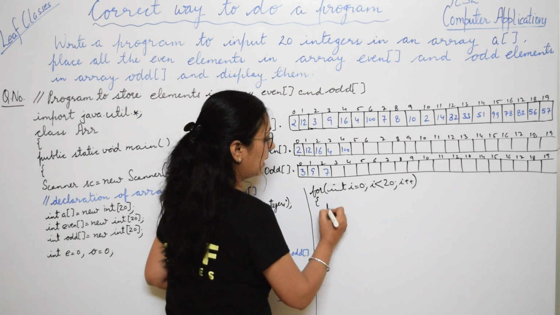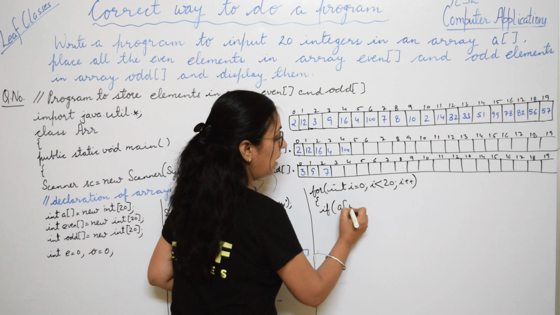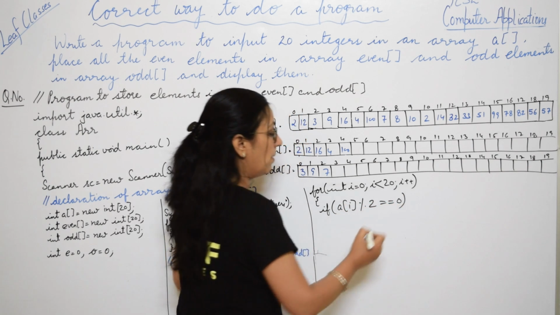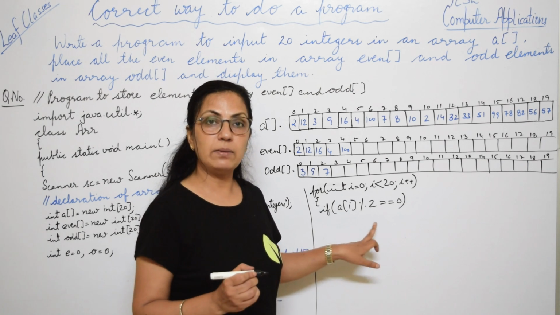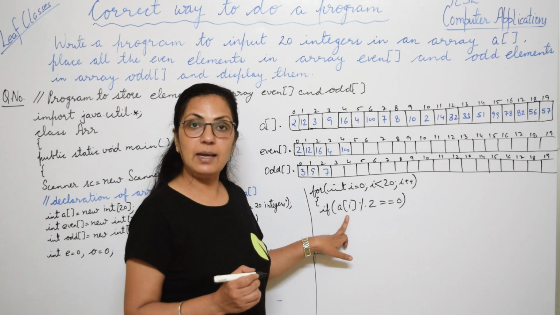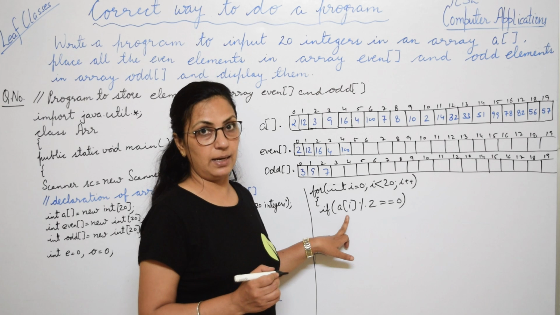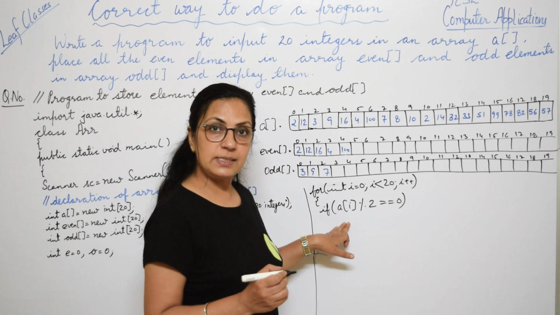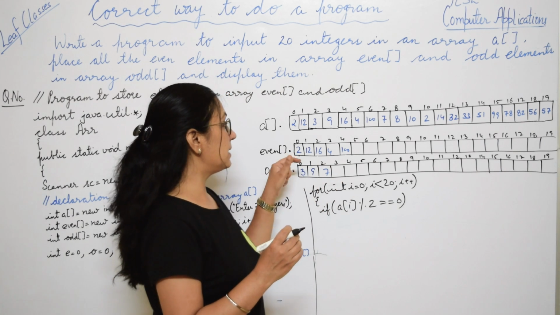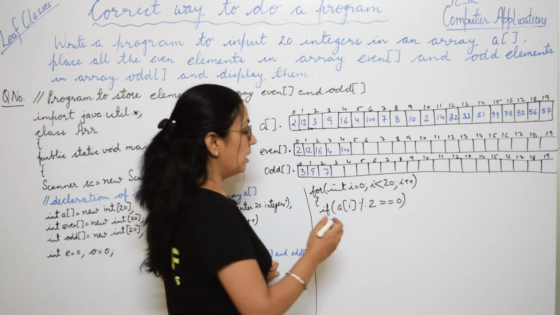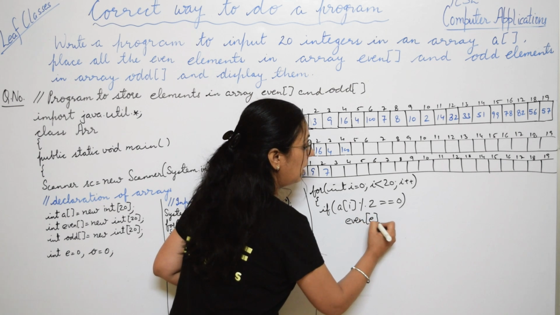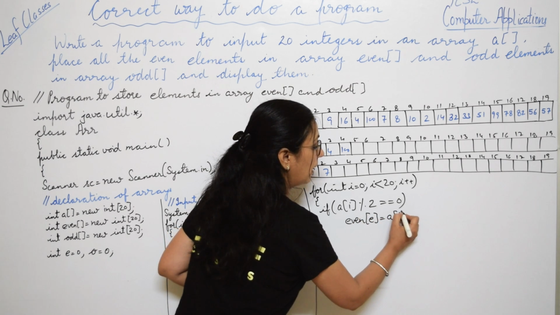So we will be checking if a[i] modulus 2 is equal to 0. Modulus 2 equals 0 means this array element is an even array element, right? This is an even integer. Now if this is even, we have to place it in the even array. So what we have to do? even[e] equals a[i].